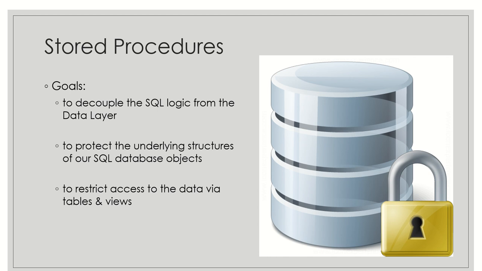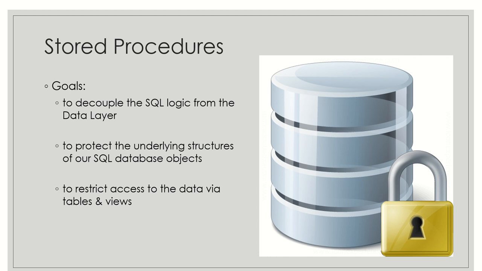Now, our goals of implementing stored procedures in our UWP application are to decouple the SQL logic from the data layer. So our current implementation has our data layer class, which contains SQL statements. And rather than have that tight coupling, where if our database table changes we have to come and change our data layer, we want to separate the two so that the data layer doesn't need to know about the underlying structure of our database objects, such as the tables or views.